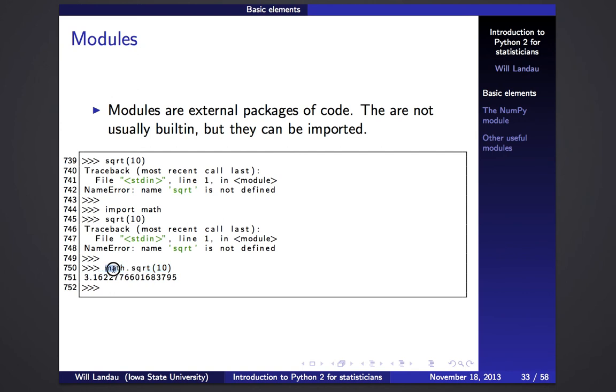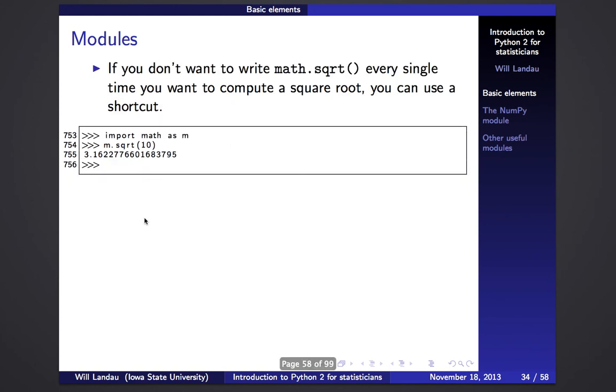Each module has its own namespace. So math.sqrt in this example works, but just calling sqrt doesn't, even though math is already loaded. You can avoid having to type math.sqrt every time by abbreviating the math namespace with some alias.